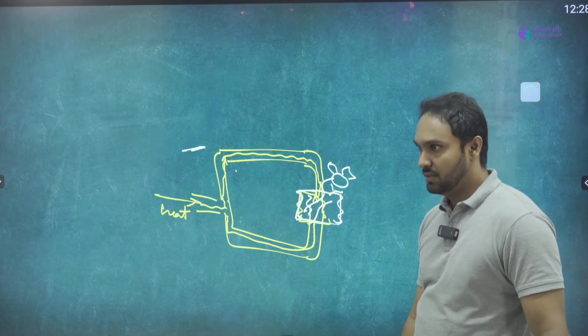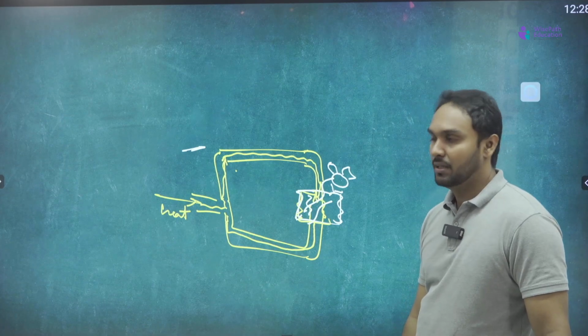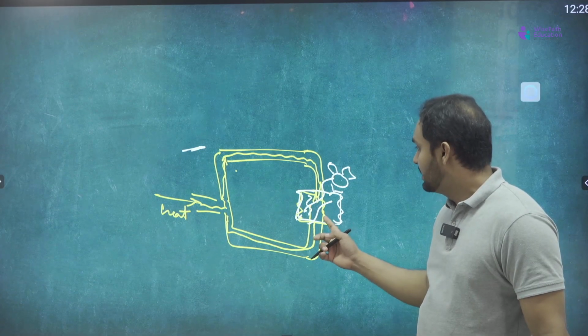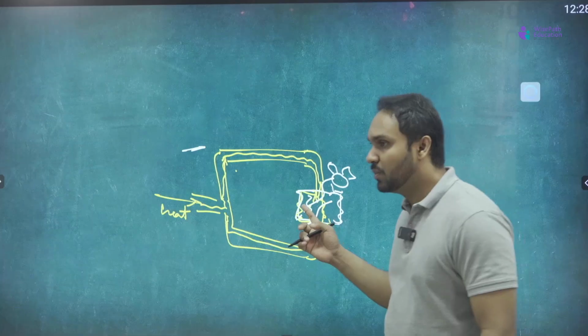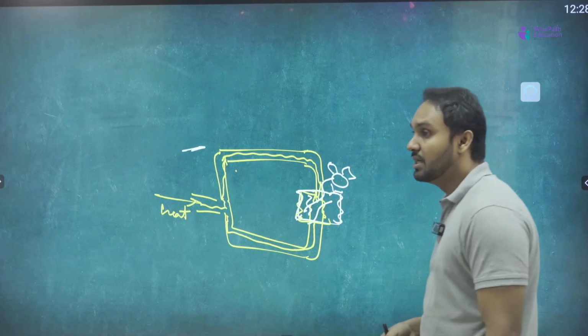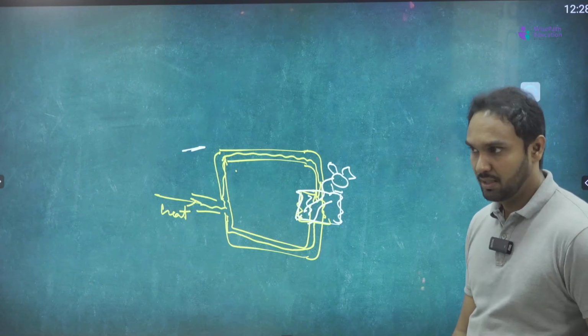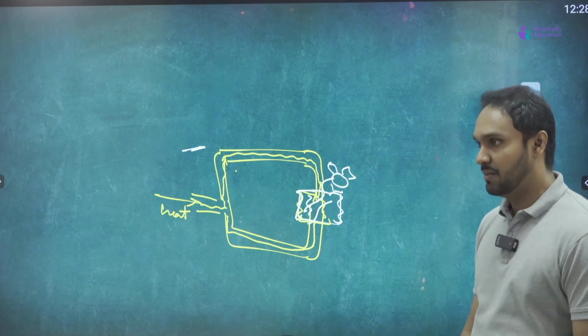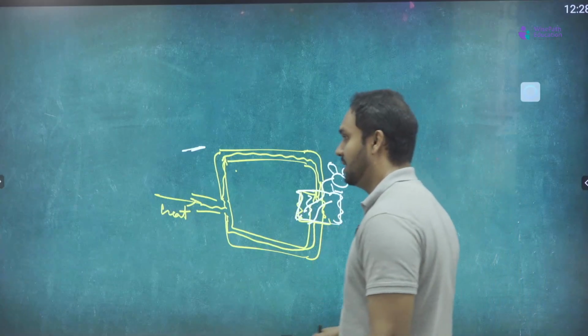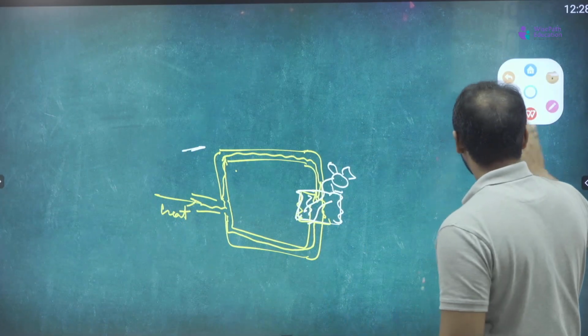So that is what happens in a coolant system of an engine, right? So this radiator is made with more area to increase the emission of radiation, right? To increase the emission.